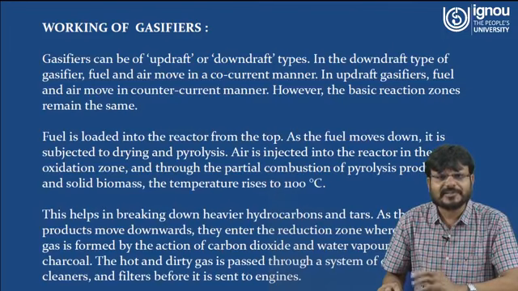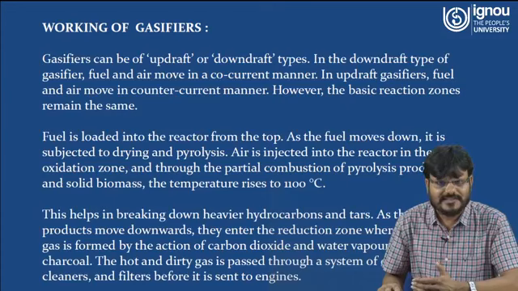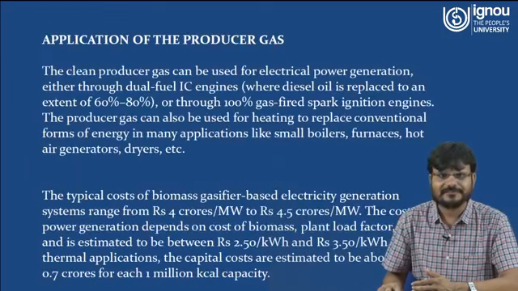This helps in breaking down the heavier hydrocarbons and tars, and these products move downward. They enter the reduction zone where producer gas is formed by the action of carbon dioxide and water vapor on red hot charcoal. This hot and dirty gas is passed through a system of cooler, cleaner and filter before it is sent to the engine.